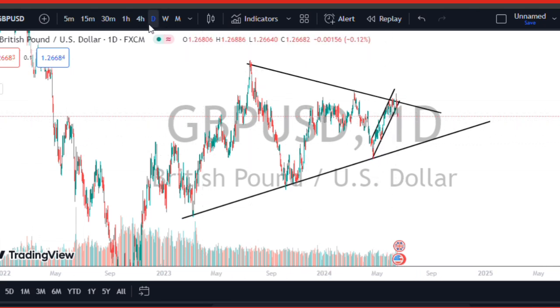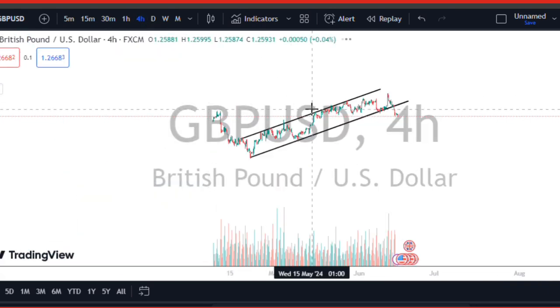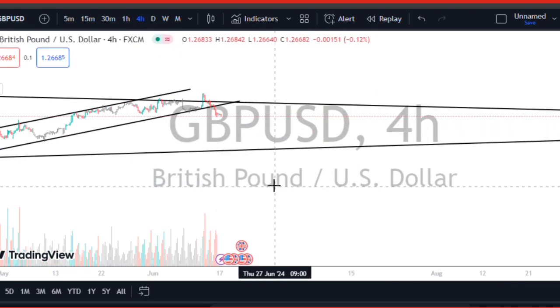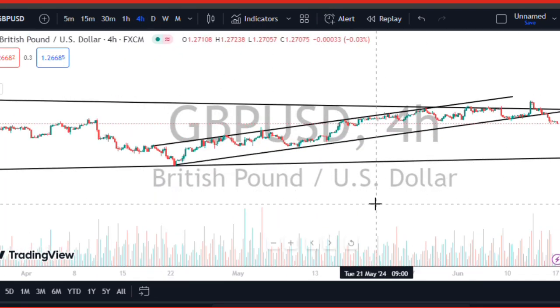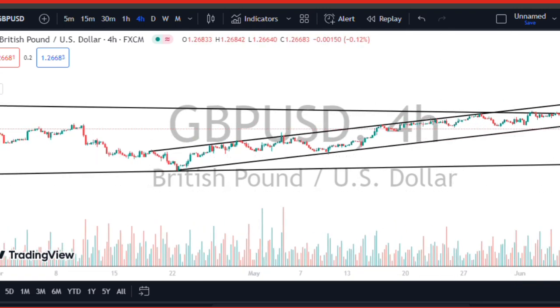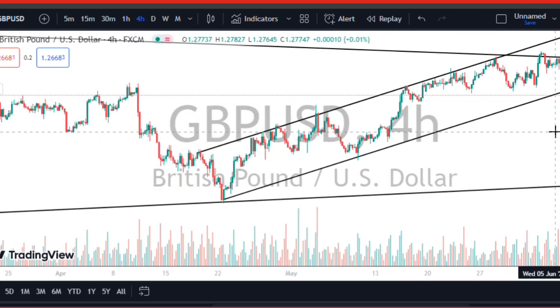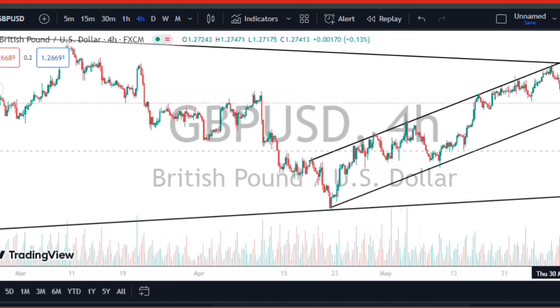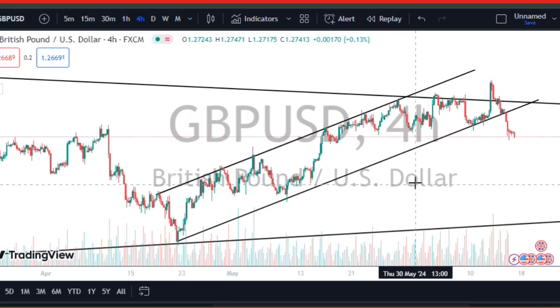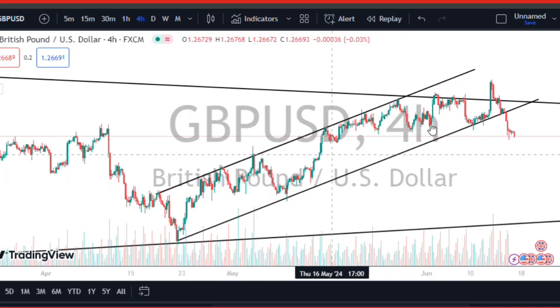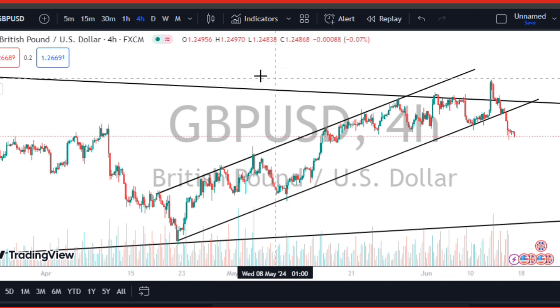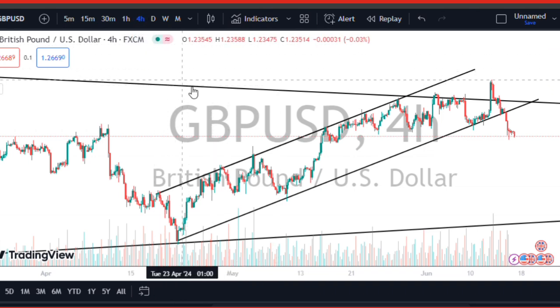Okay, so let me go to a 4-hour time frame and see the clear picture of GBPUSD. As you can see, GBPUSD was in an uptrend move on a 4-hour time frame.